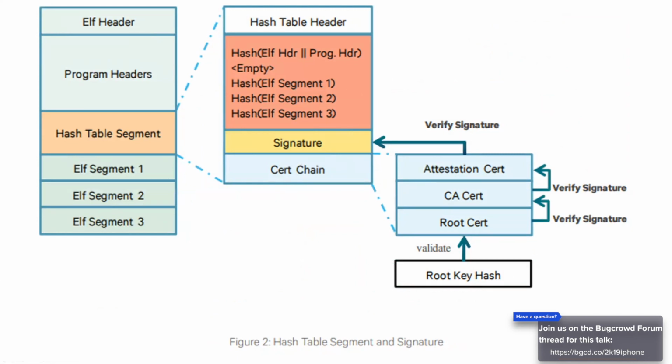Each certificate verifies the signature of the next certificate in the chain. So you have the root key hash that's in the boot ROM. The root key hash validates the root certificate. That root certificate verifies the signature of the CA certificate, etc. And this is how the secure boot mechanism kind of works.